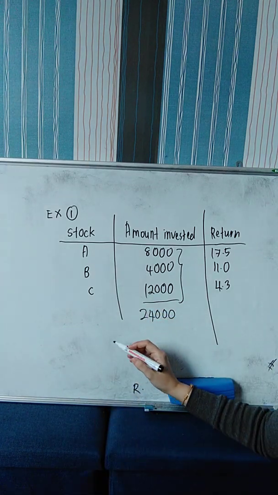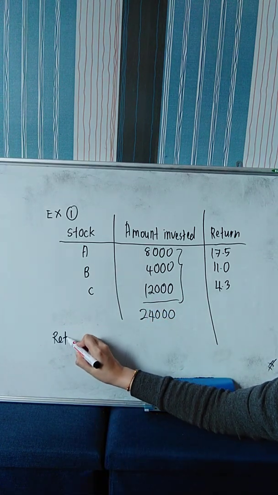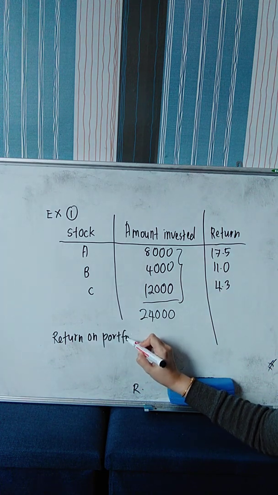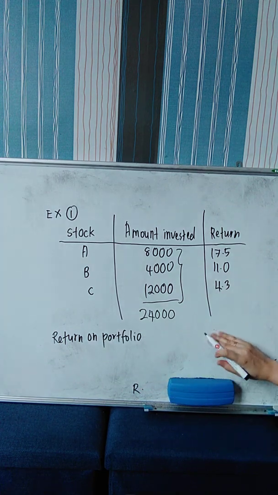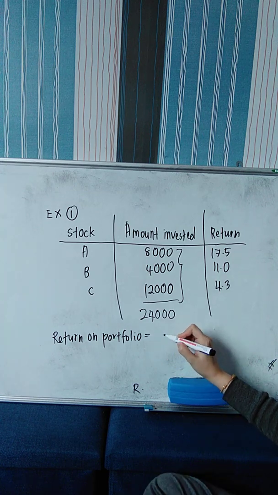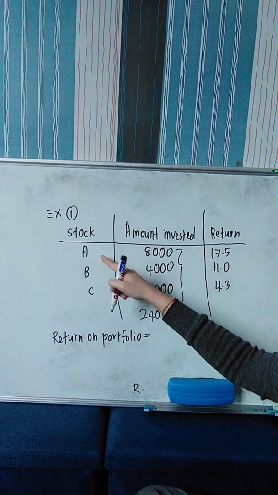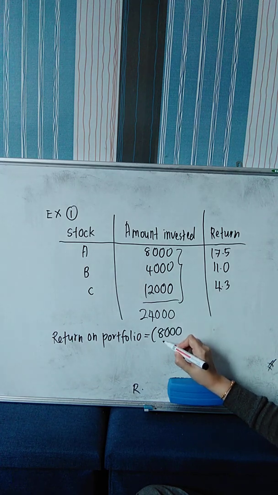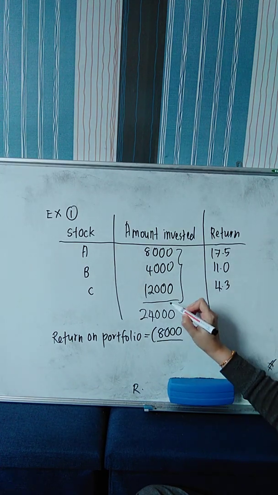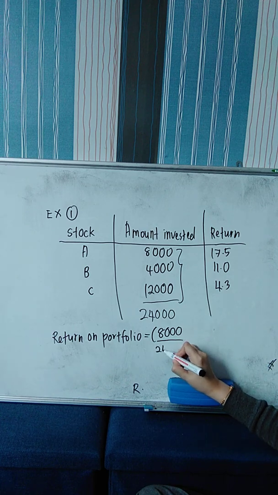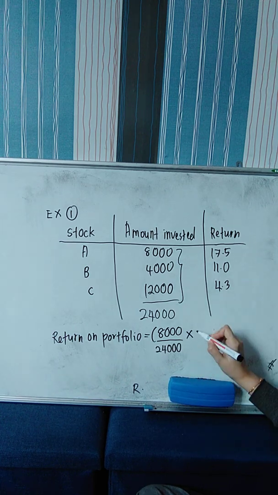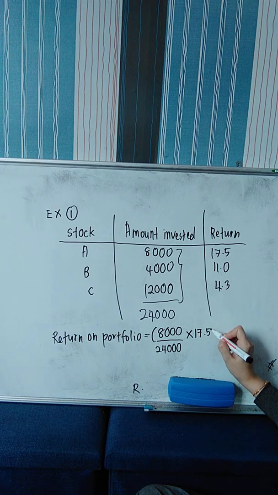Next, how to calculate the return on portfolio? You start with stock A: 8,000, you divide by the total, 24,000, and you times it with the return, 17.5.